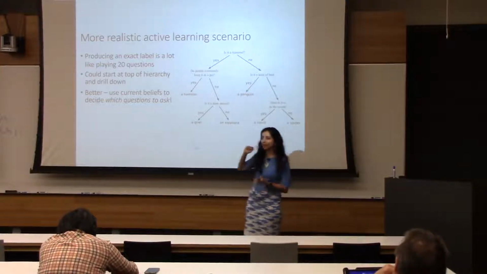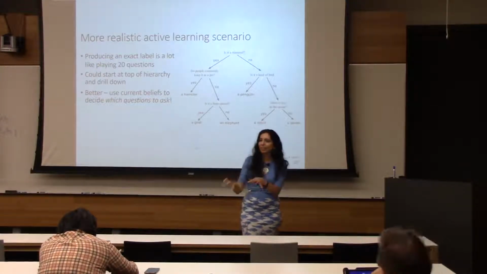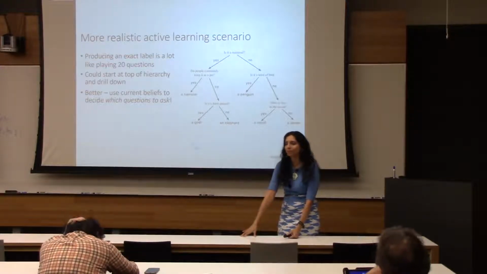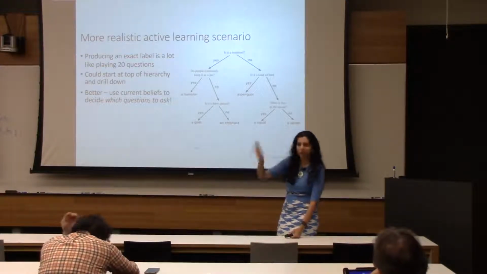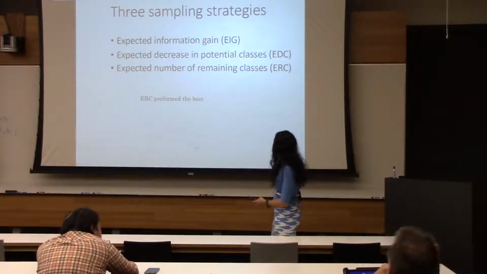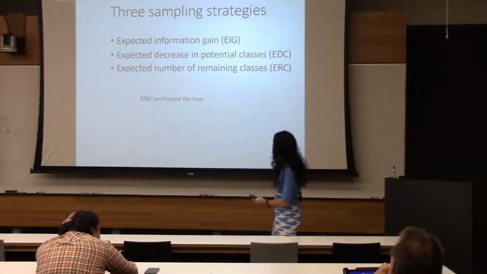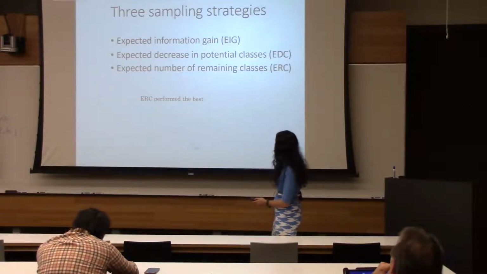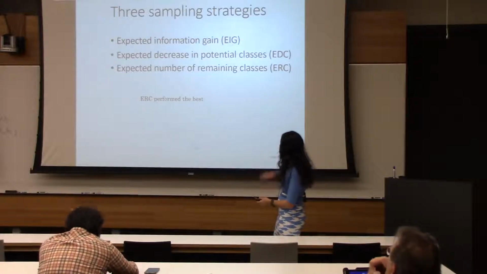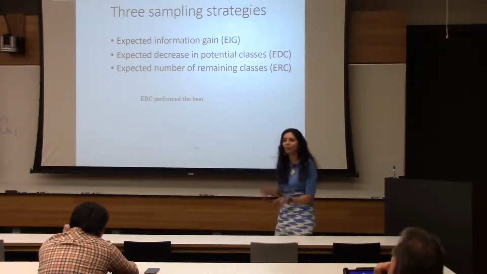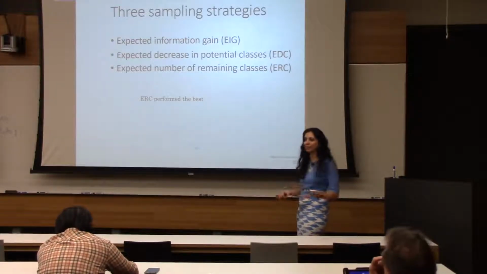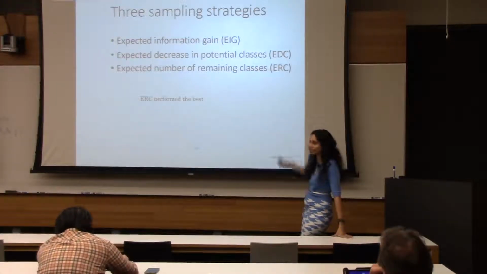So in this case, I'm really focusing on drilling down to the finest category as quickly as possible, right? Without worrying about the overall uncertainty of the model. So I could use that. And the remaining classes is a similar measure, right? So they're related. So in our experiments, this remaining classes measure performed the best, although I guess going in, there's no real reason why that should have been the case. I mean, they're all very related, right?